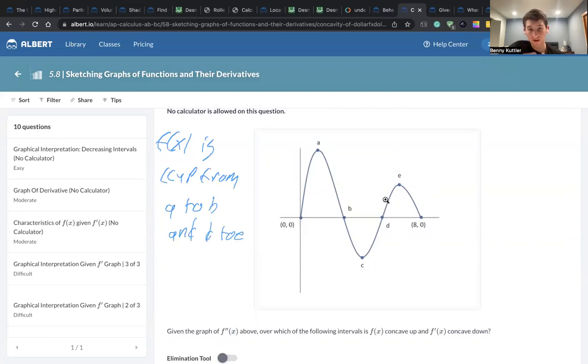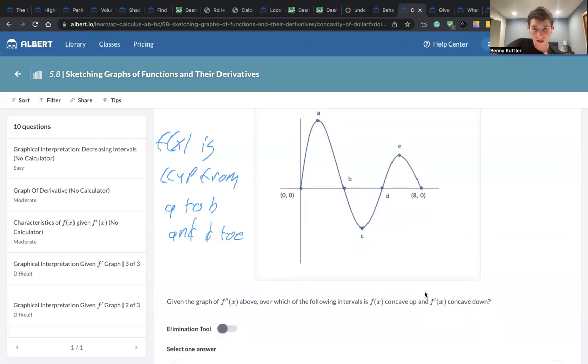So now we're looking at, if this is the second derivative, and we have a first derivative function that's concave up or concave down, it's asking, then the second derivative needs to be decreasing, so getting smaller.